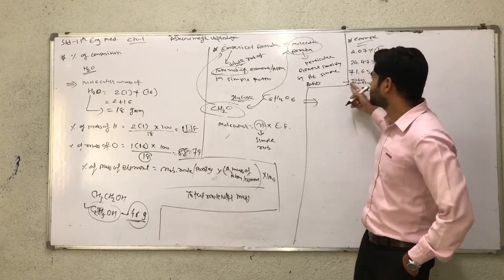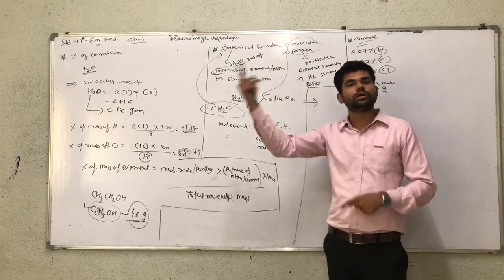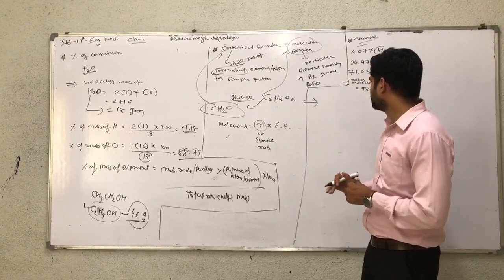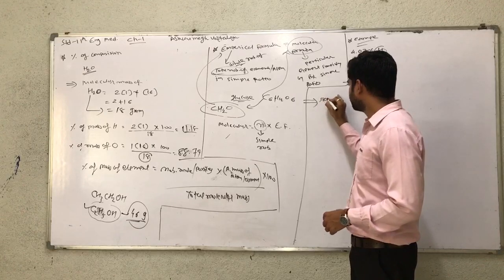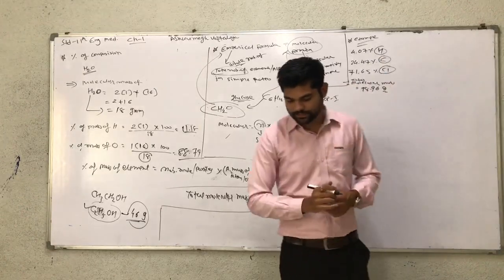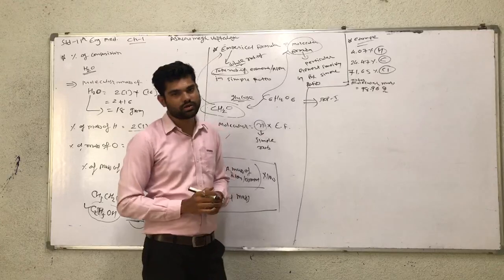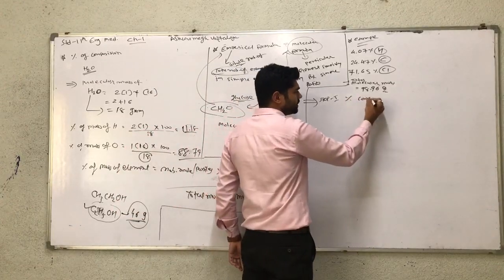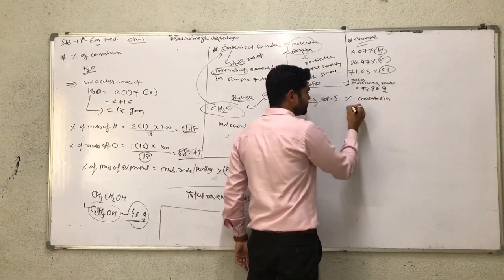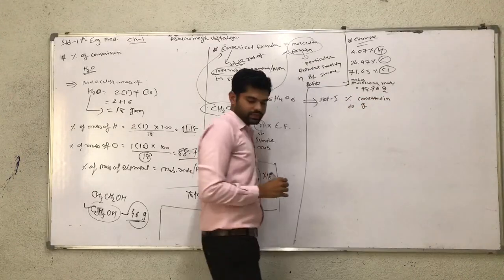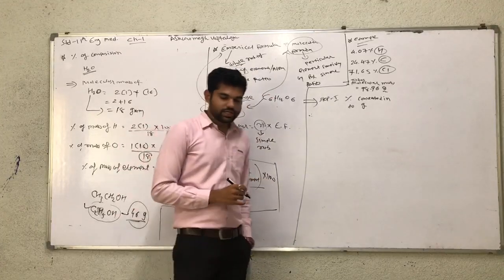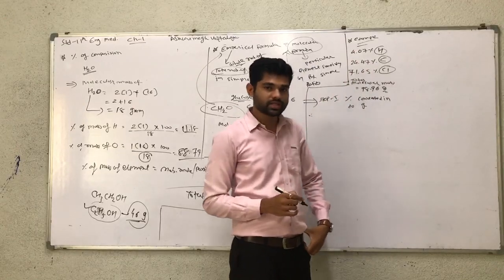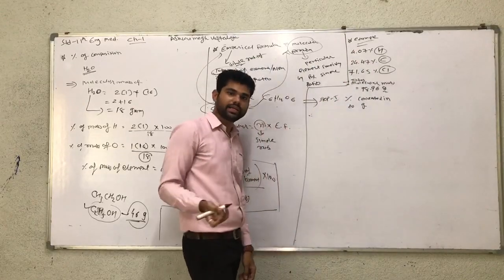Here only percentages are given, so we calculate both. Step 1: percentage converted into gram. How to convert it? The total is 100%, so 100% is equal to 100 gram.